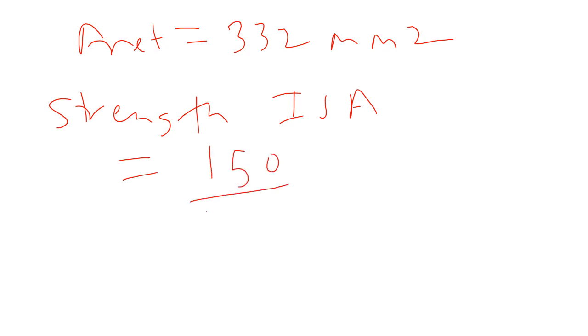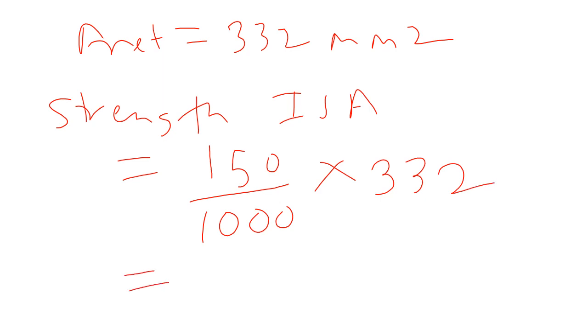To make it kilonewton, again divided by 1000, and the area, that is A net, calculated as 332. So finally the strength, or the force or the load transferred by this ISA as a tension member when connected to the gusset plate by a welded joint, comes to 49.8 kilonewton.